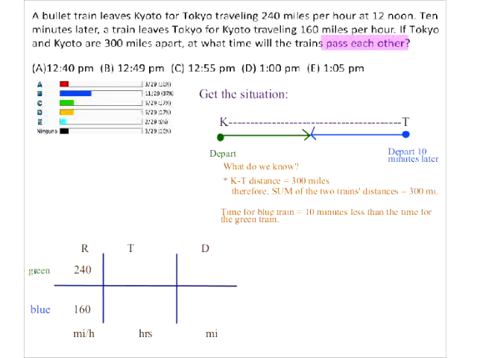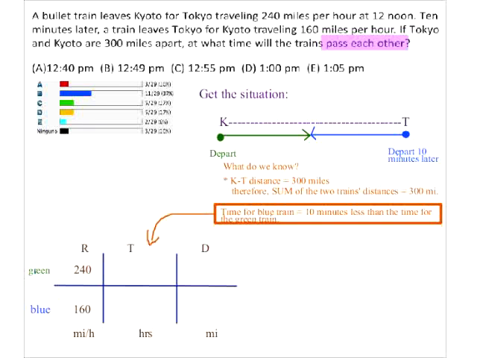Someone give me some time variables. You can use t. Can you use t and t plus 10? Aha, t and t plus 1/6. Watch it. Again, watch for conversions.